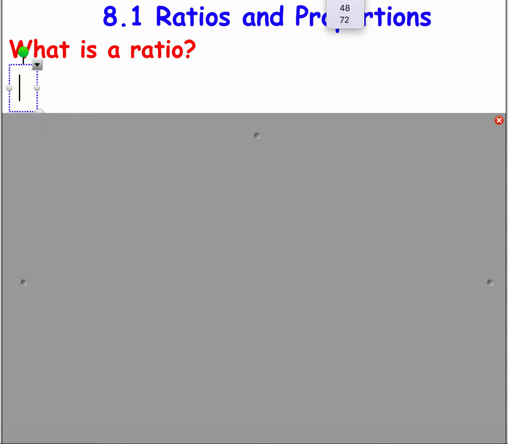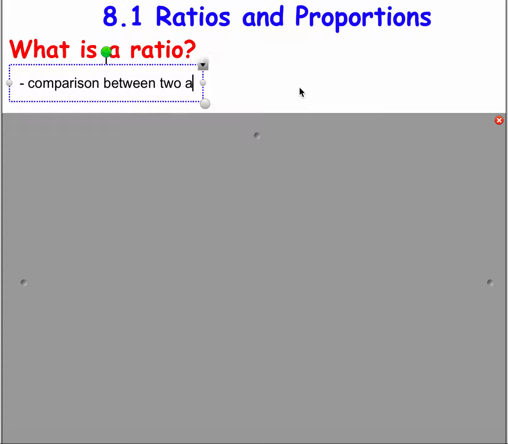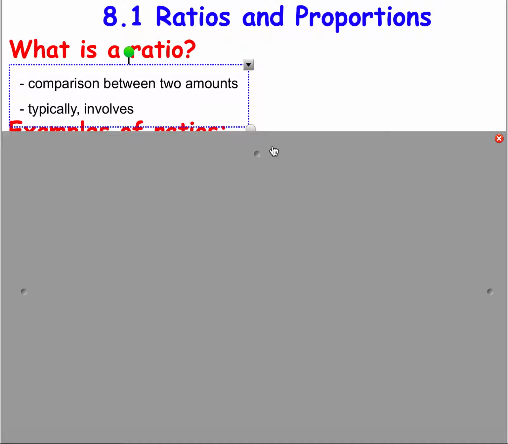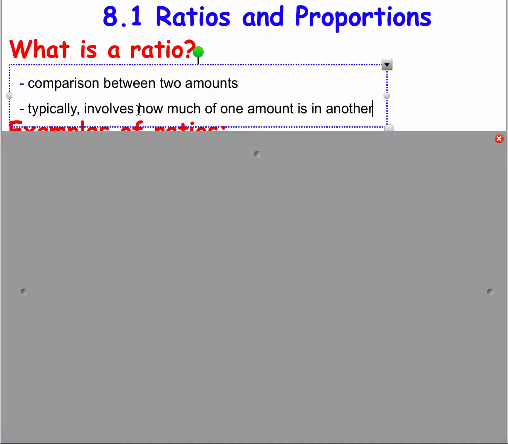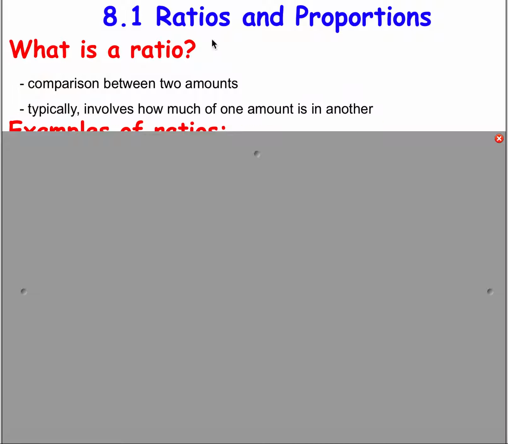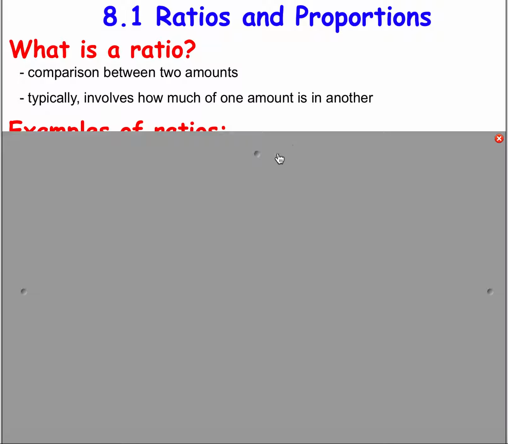I would get this down in your notes that a ratio is simply a comparison between two amounts, and it typically involves how much of one amount is in another. So that's a ratio. All we're doing is comparing two amounts.